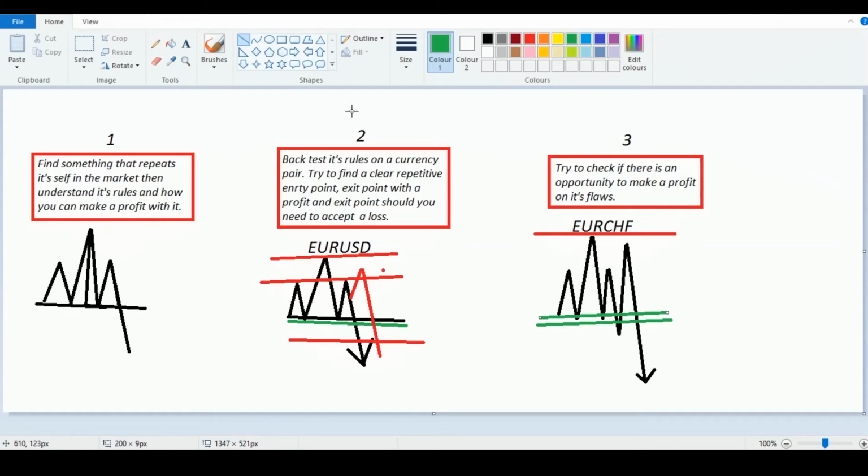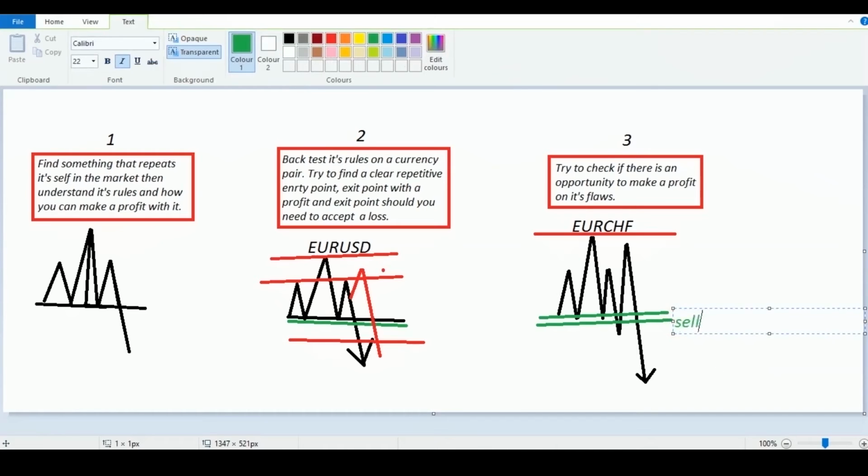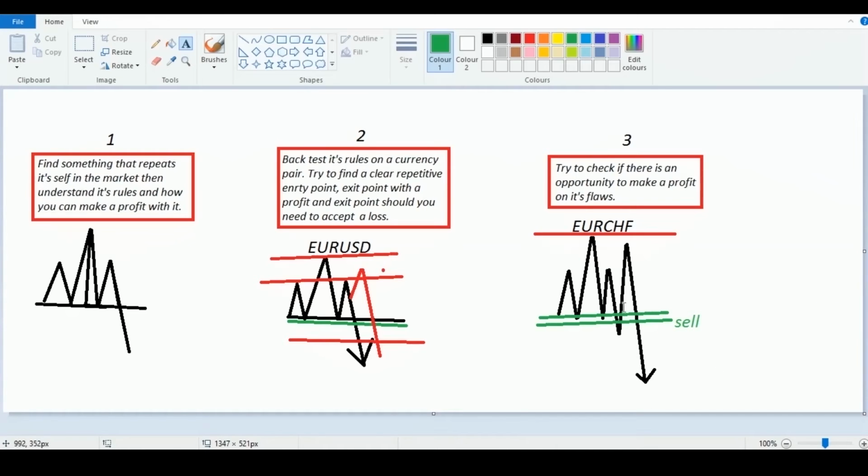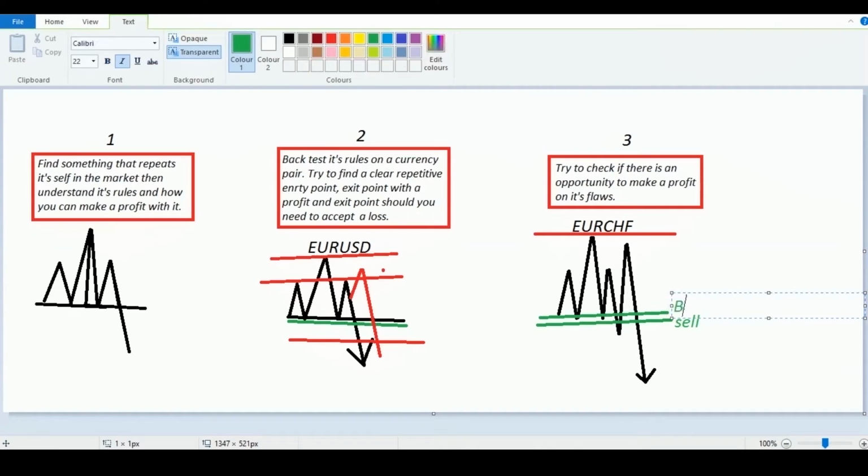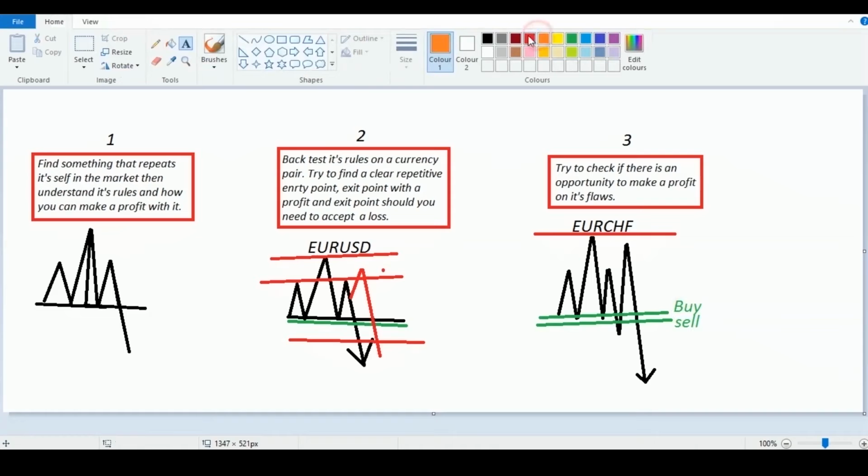So I then place a buy. So I have got one sell, and the minute it goes past the neckline to go back in the opposite direction, I buy. And for this buy, I basically decide I am going to take my profit just above the shoulder.